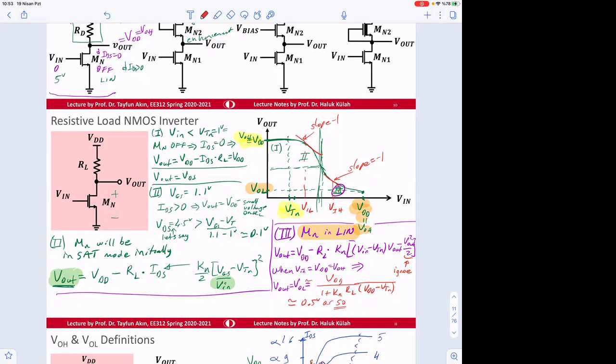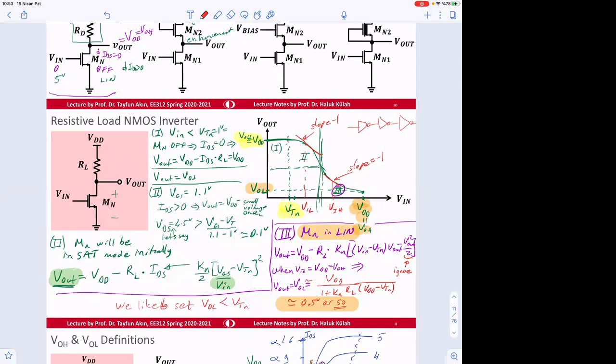Our goal should be to set the output low to be below the threshold of n. So a value like this one is preferable. If you can make it 0.5 volt, that's very convenient, so that the next gate works, because this is how we connect the inverters together.